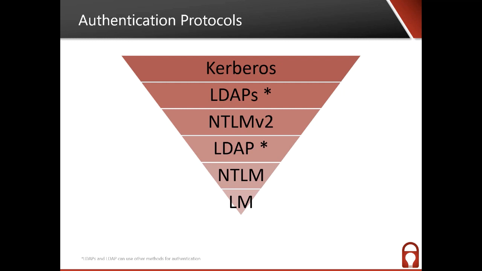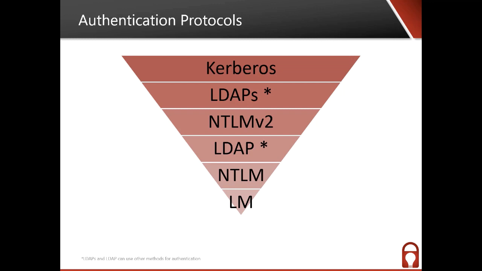NTLM v2 is an NTLM v1 hash plus a salt. Therefore, it's harder to crack, but still crackable. But more importantly, it can no longer be used in pass-the-hash techniques. You can't just send that NTLM v2 hash and have a Windows device accept it, or any device accept it. You have to crack the password hash and get that clear text password to be able to use the credentials.